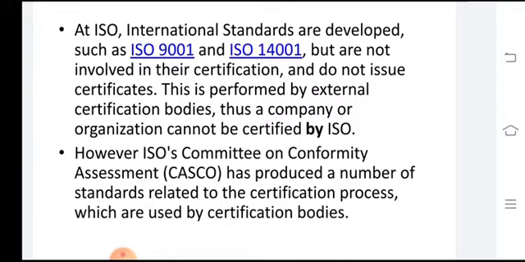If we talk about ISO 9000 series, it is specific for the business activities, while ISO 14000 series is specific for environmental activities or products or services. So these series are specific for their purpose.